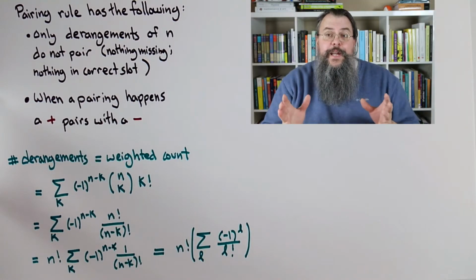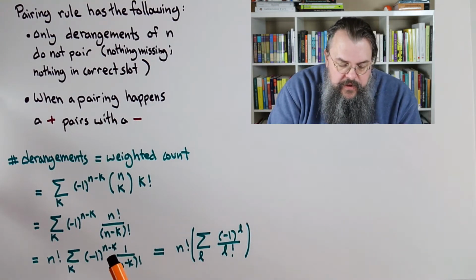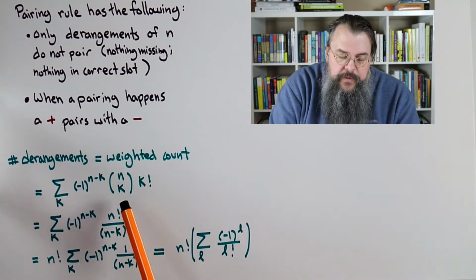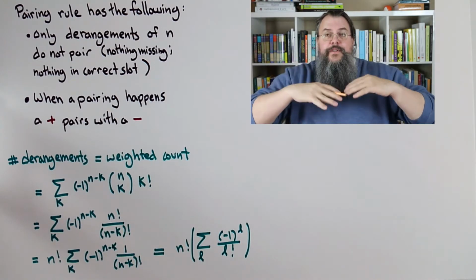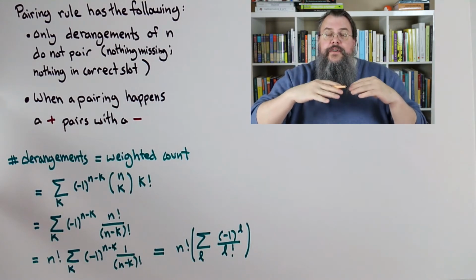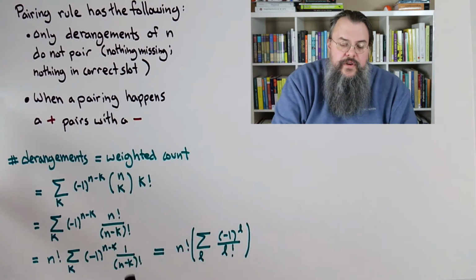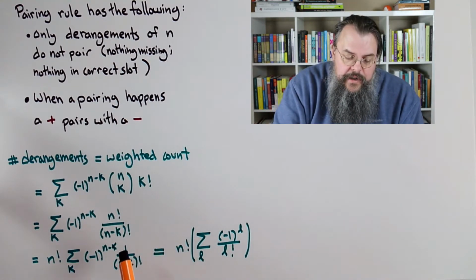All right, well, let's clean that up a little bit. It's not too hard to do. What do we notice here? Well, if you think about the n choose k, you can write that in terms of factorials: n factorial upstairs, downstairs n minus k factorial and k factorial. So you can get some cancellation with the k factorial. Beautiful.